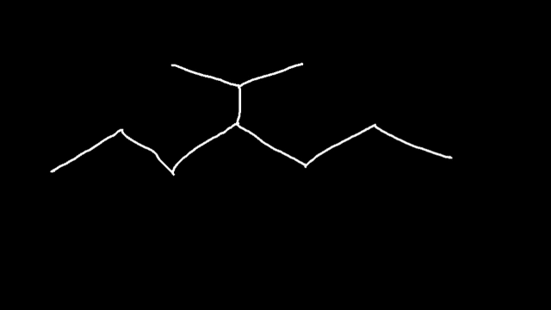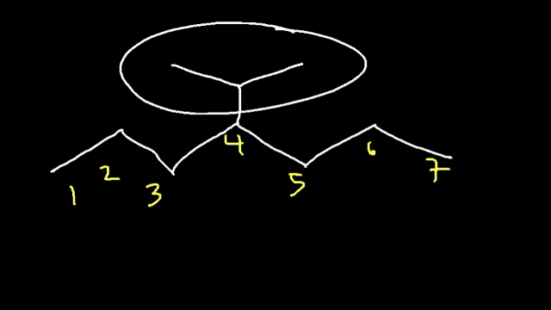So how would you name this particular compound? So the longest chain contains 7 carbons, and we have an isopropyl group on carbon 4. So it's 4-isopropylheptane.